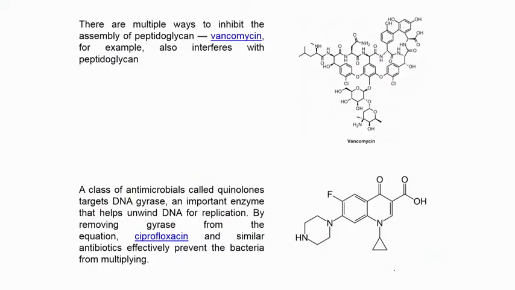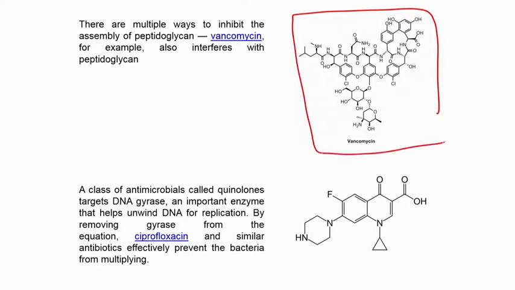Then you have vancomycin we are talking about, one of our last lines of defense. Vancomycin actually stops the assembly of the peptidoglycan unit. So, the peptidoglycan has to assemble, with the peptides hanging from the glycan units.